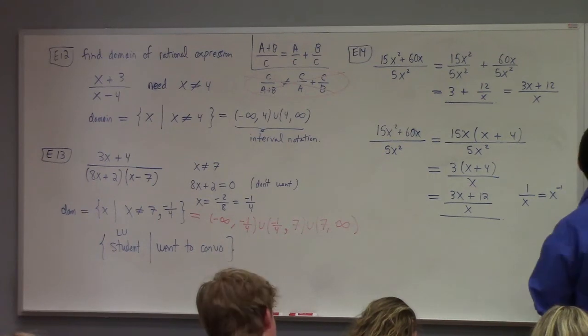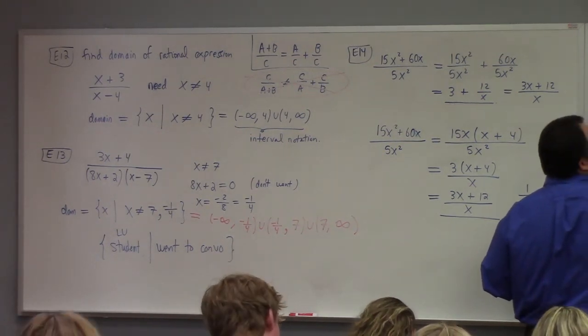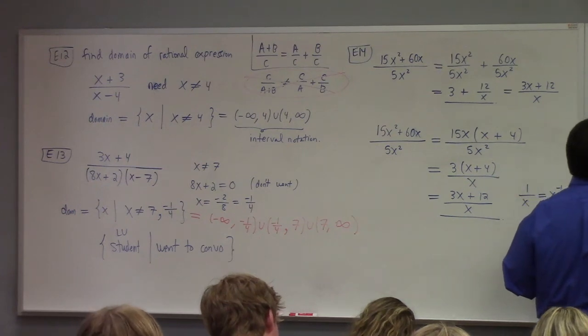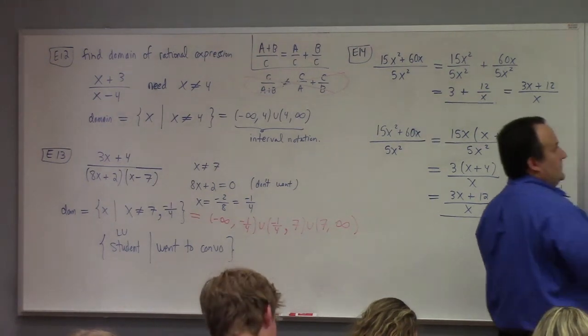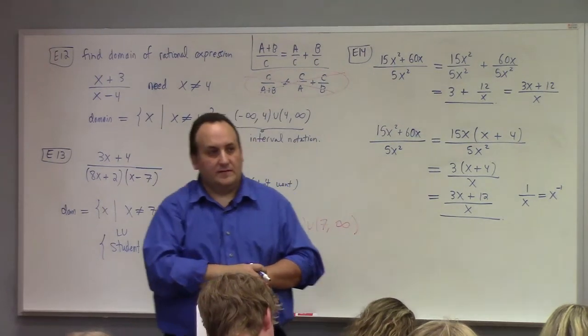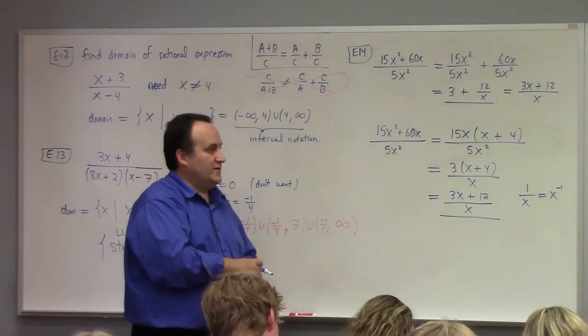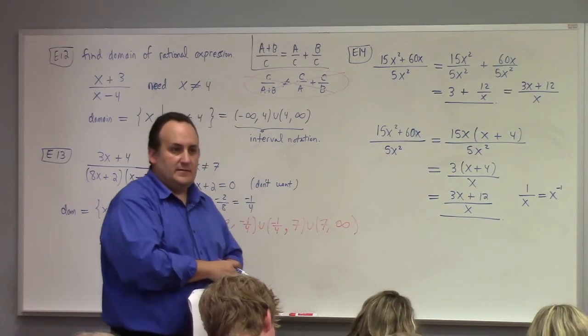Or another way to look at this, we can rewrite that as ad over bc. So if we have fractions divided by fractions, the denominator of the numerator becomes the numerator of the denominator, and vice versa.